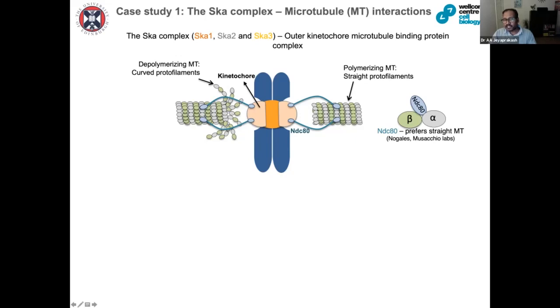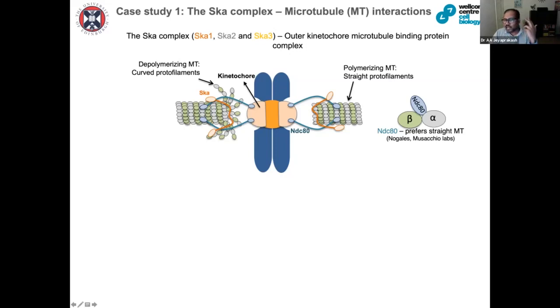During depolymerization, the individual protofilaments peel off, taking a curved conformation, and at those instances, there will be a kink at the dimeric interface due to the curved nature of the protofilament. So that will influence how NDC80 binds microtubules. Various lines of evidence have shown that the attachment established by the NDC80 complex needs to be stabilized by the SCAR complex to stabilize the kinetochore microtubule attachments and to achieve efficient chromosome segregation.